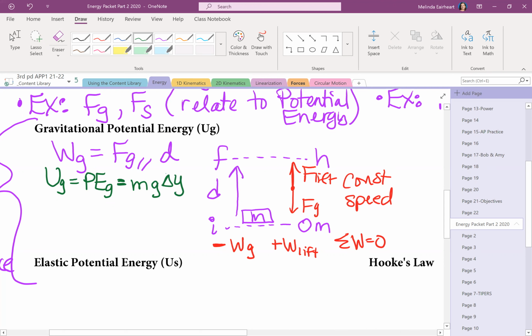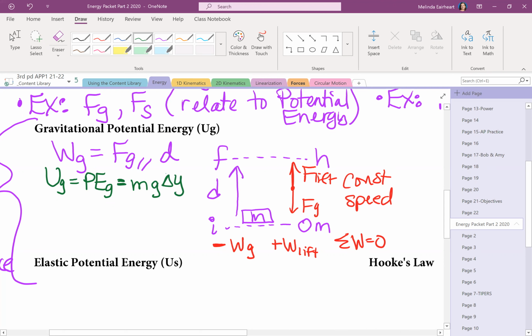What kind of change in potential energy do we see? Negative. I go from something to nothing. Final minus initial, 0 minus something, is a negative. And so the difference between calculating work of gravity and a change in potential energy is just a sign change. The numbers are going to be the same.